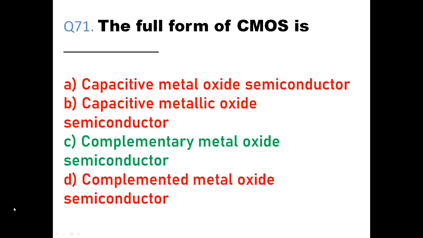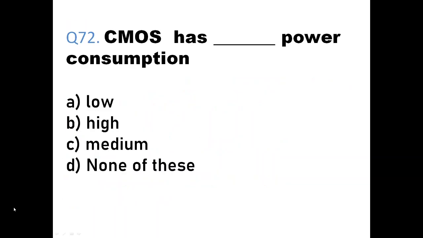Okay, then we'll go to the next question, question number 72. CMOS has a dash power consumption. As I've told you earlier also, CMOS has complementary, that is two different types of MOSFET. One is an N channel MOSFET and one is a P channel MOSFET. Whenever you use it in a circuit, say for example an inverter, both the MOSFETs will not be on at the same time.